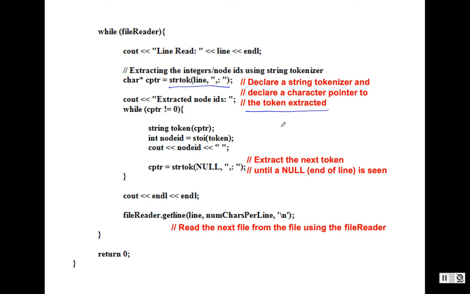For each token we are using a comma and colon as delimiters, as we see in our file format. So that's how we are going to find each token. Each different token is going to be a node ID.